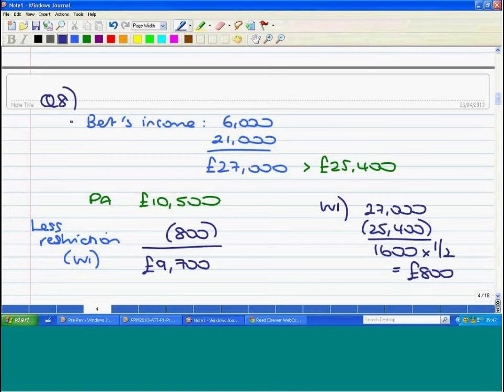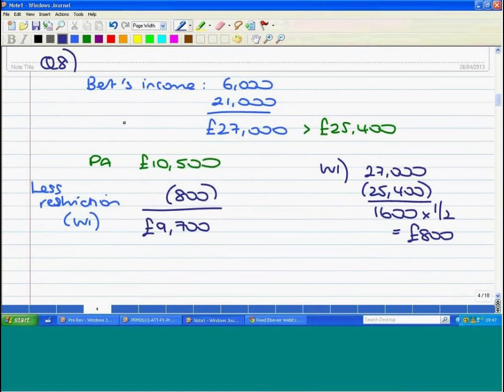So although we're saying you're still entitled to a bigger personal allowance, the revenue aren't going to give as much help because they feel he earns a reasonable amount. So the £9,700, this is our revised personal allowance.